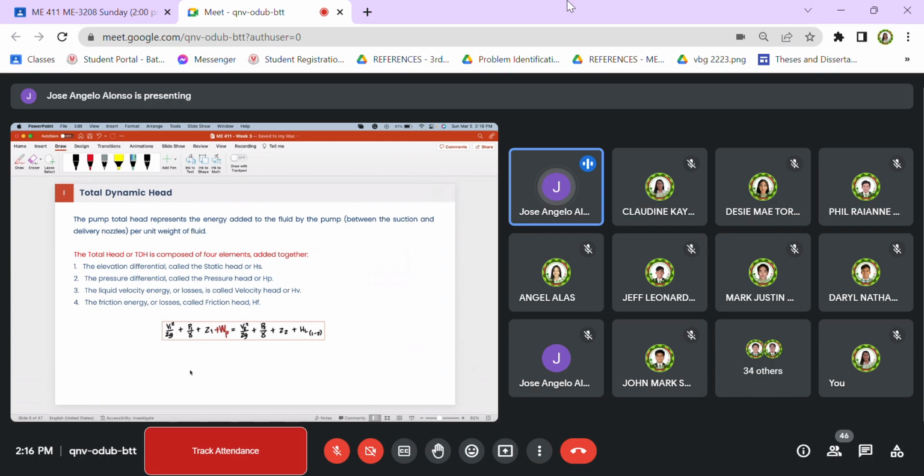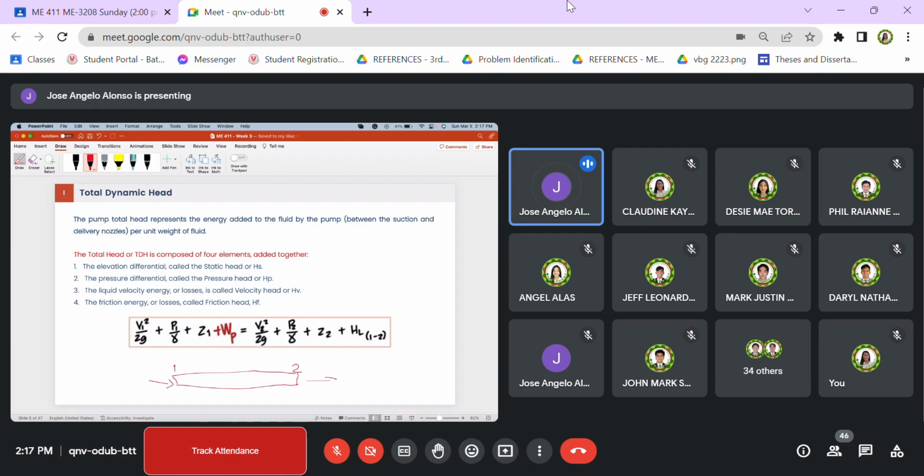So the elevation differential is called the static head. Before, for pumps or pipes, we used a reference such as 0.1 or 0.2, where we subdivide the pipe, or we cut the pipe into one segment to determine the head losses or the energy flow and energy balance inside it.